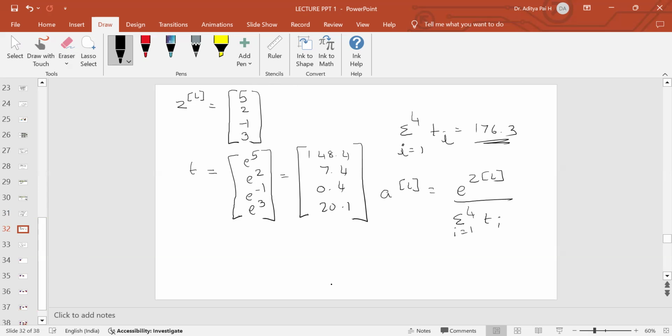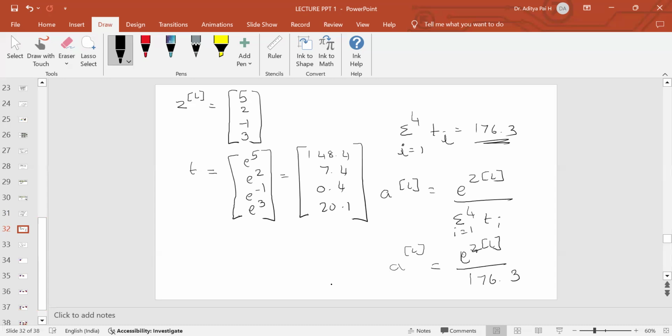Which is nothing but A of L equal to e power Z of L divided by 176.3.